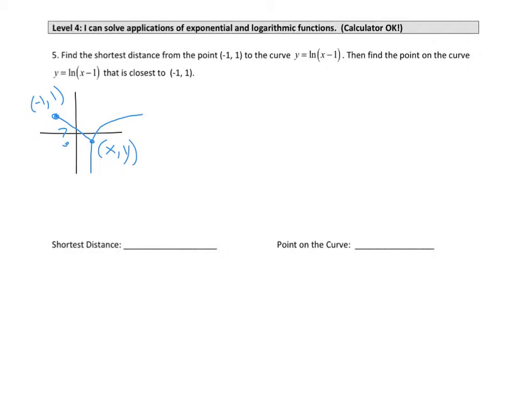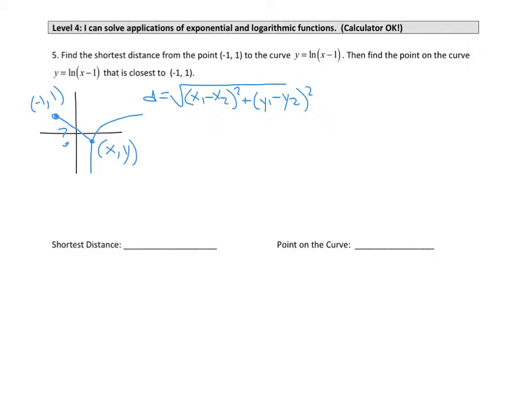And so what we're going to do is write a distance function that we are going to try and minimize. The distance formula for 2 points is the square root of x1 minus x2 quantity squared plus y1 minus y2 quantity squared. And so we're going to take our 2 points and plug them into the distance formula, but we don't want to have two variables.